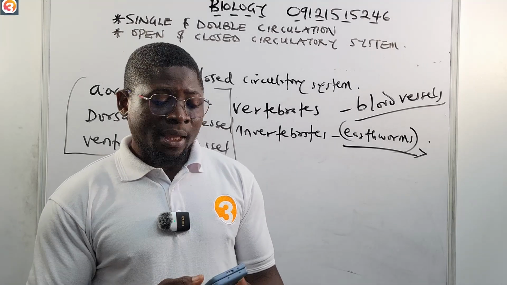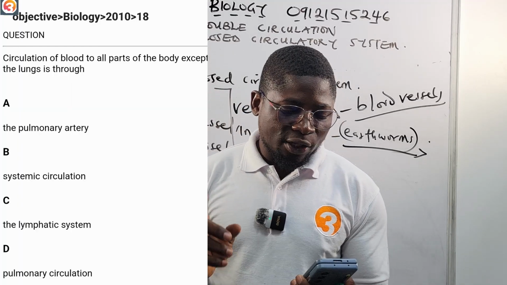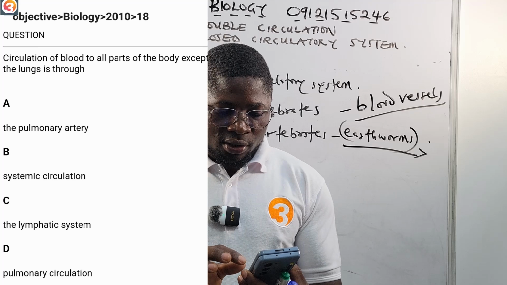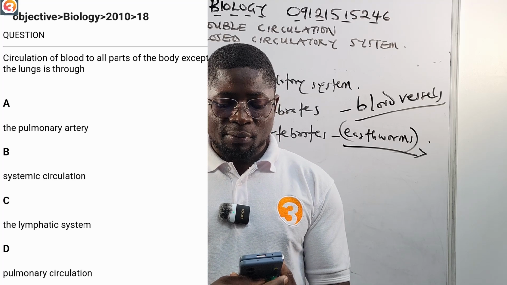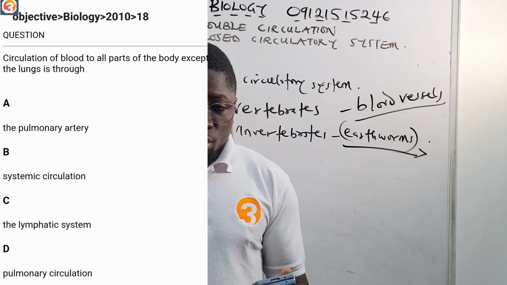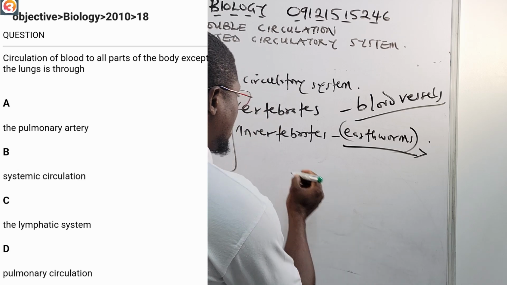2010 number 8. They say circulation of blood to all parts of the body except the lungs is true. We said pulmonary is between the heart and lungs, and systemic is between the heart and body. That makes our correct answer systemic circulation, because the question is asking about circulation of blood to all parts of the body except the lungs.